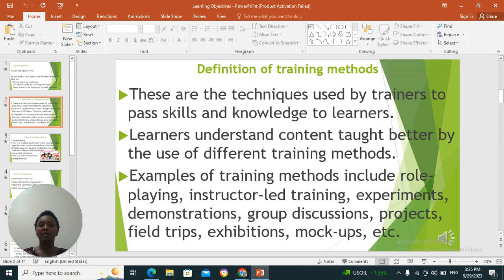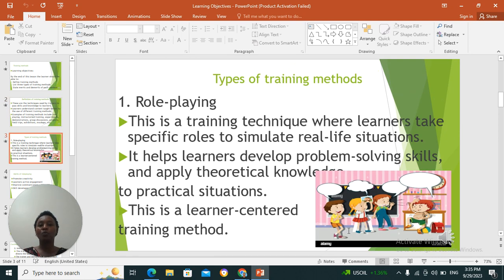You just choose whatever is appropriate for the learners and the content that we are delivering to the learners. So we are going now to start with role playing.